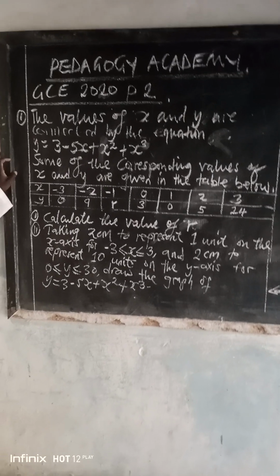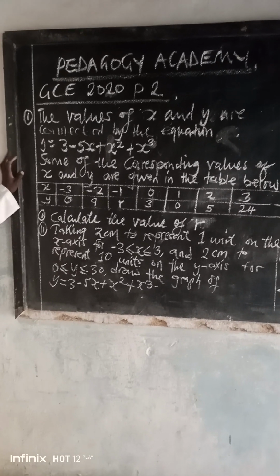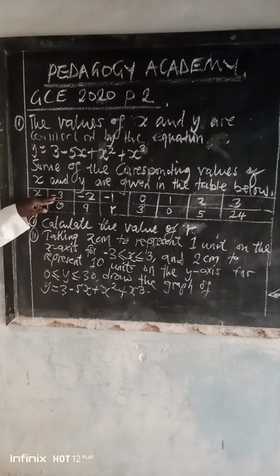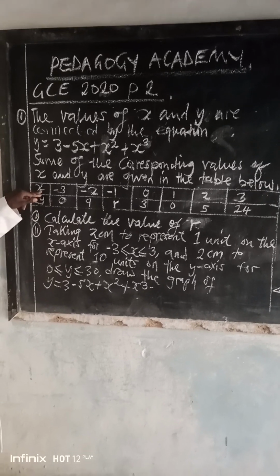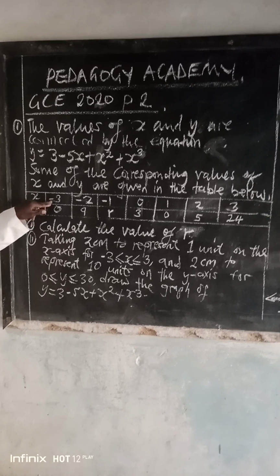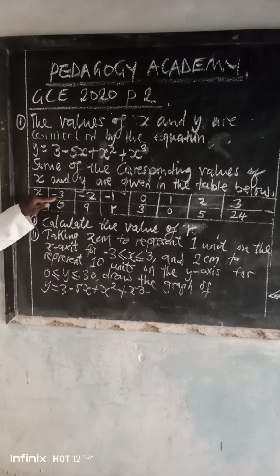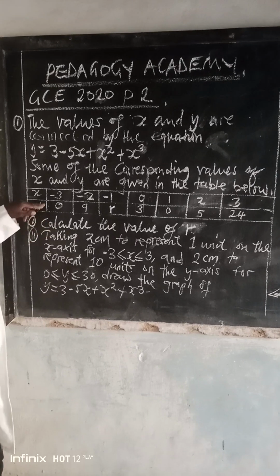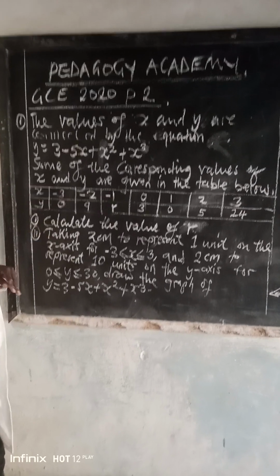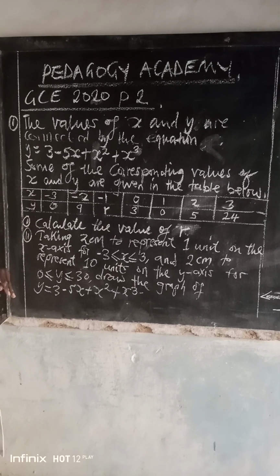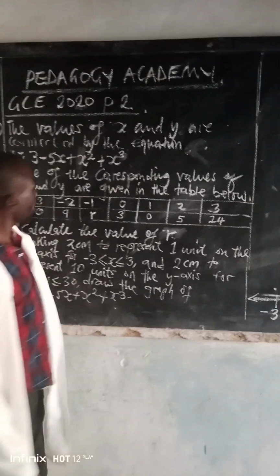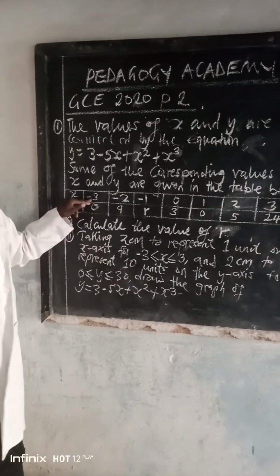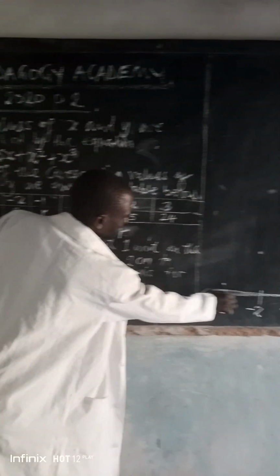So you plot. How are you going to plot? For x we are starting with -3, 0. How are we going to spot -3 and 0 on these two axes? We start with x. Where there is the -3, it's here.